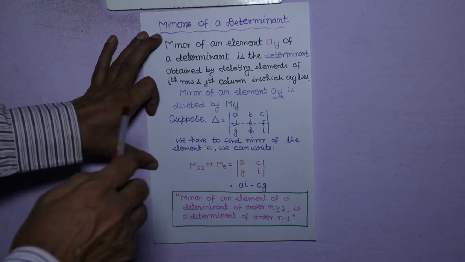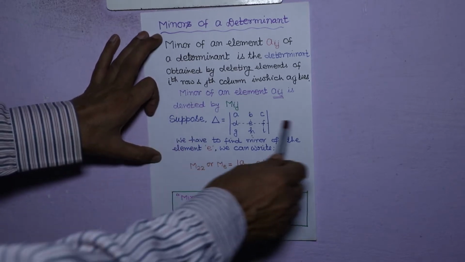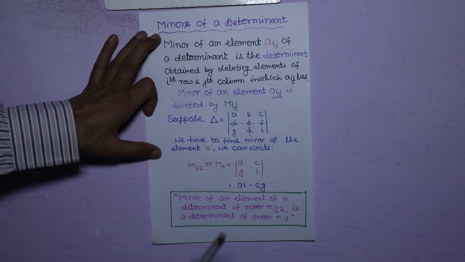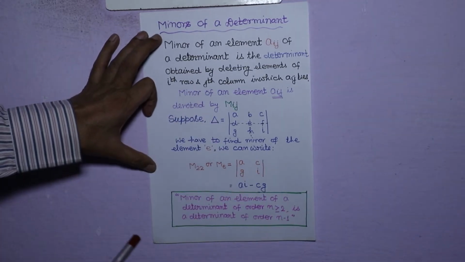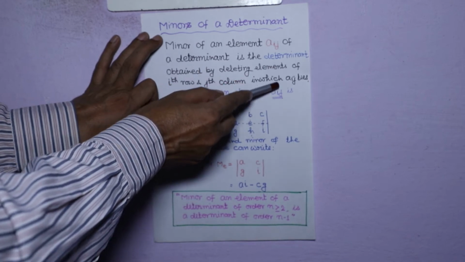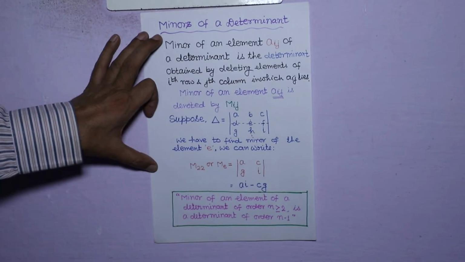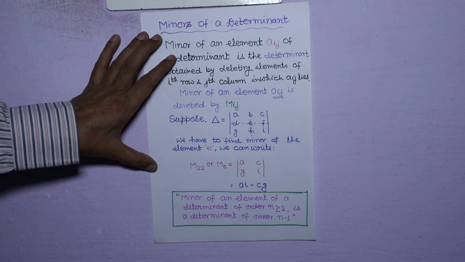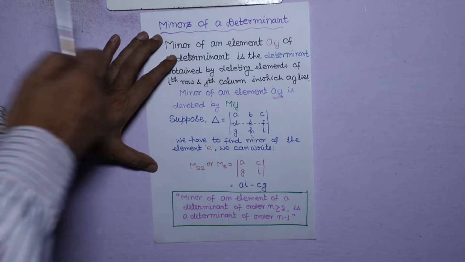Remember, whenever you have to find minor, delete the elements of that row and column whose minor is found. Suppose element aij, then elements of ith row and jth column are removed, and the remaining determinant is called minor.